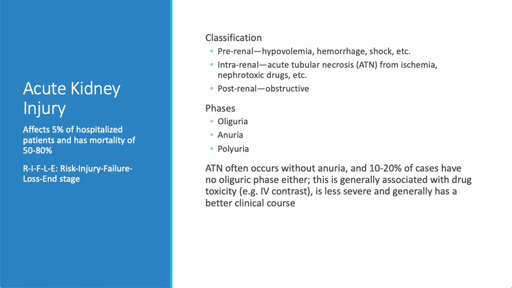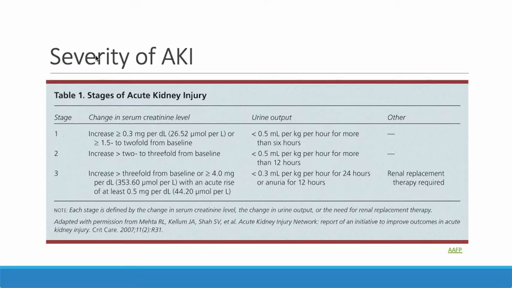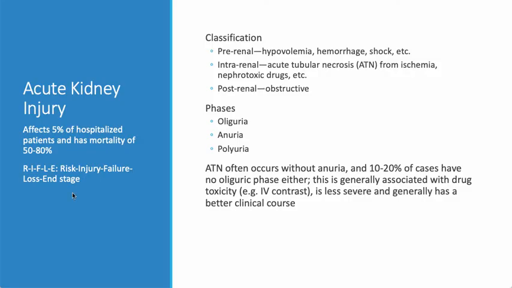So we use the RIFLE system to define the types of acute kidney injury. So we have people at risk. That's the R. So people at risk for acute kidney injury, like that patient with heart failure who I mentioned, who comes into the hospital and we're going to diurese them. They're at risk for acute kidney injury because we're messing with their fluid and volume status, right?